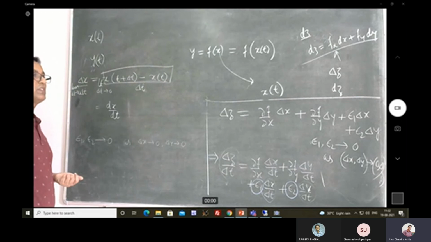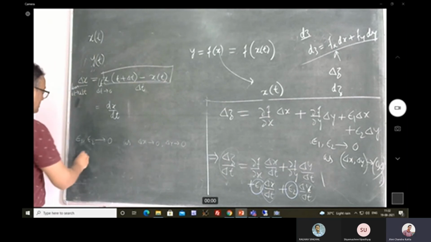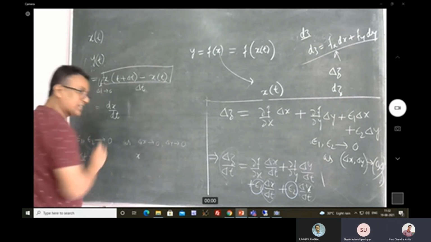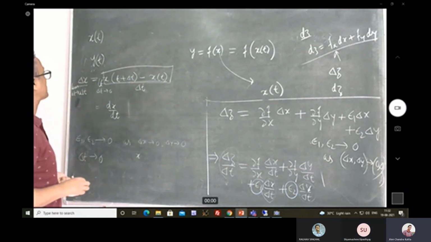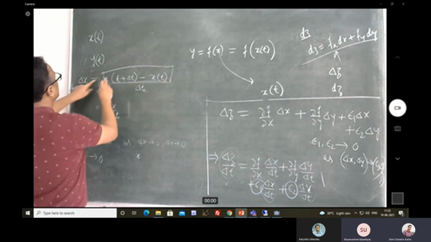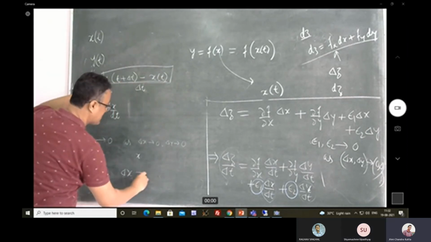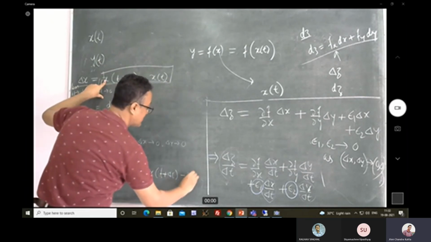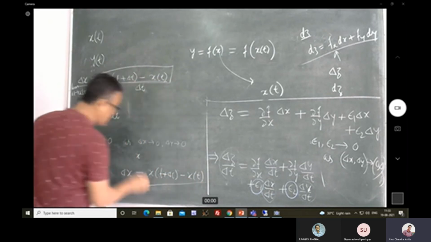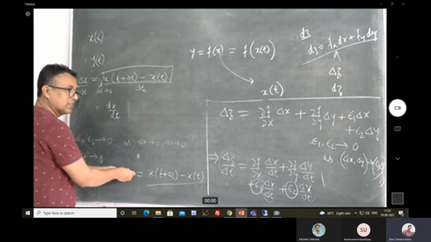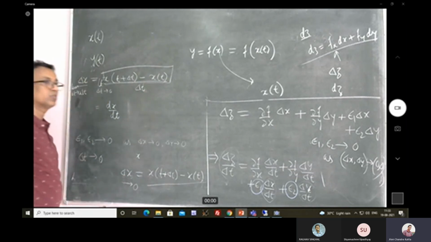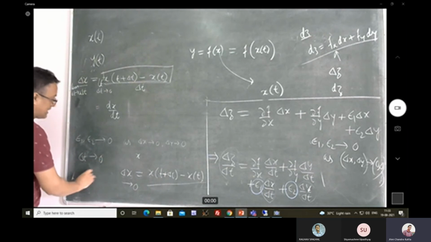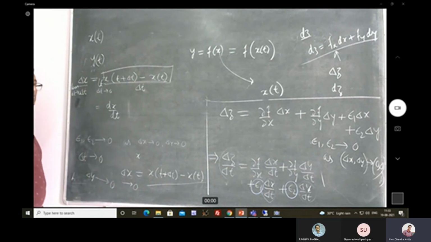So by the continuity of x, if delta t tends to 0, what must happen? Delta x, which is simply x(t plus delta t) minus x(t), must also tend to 0. Is it okay? Fine. So similarly, when delta t tends to 0, your delta y is also going to tend to 0, right?